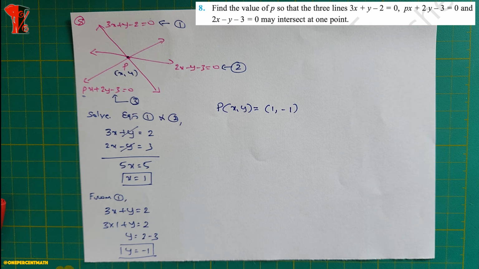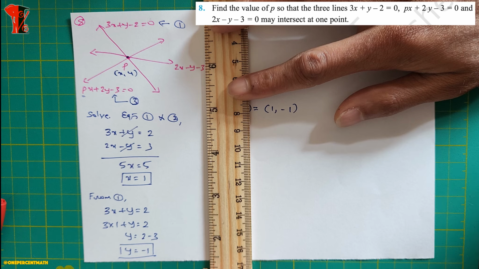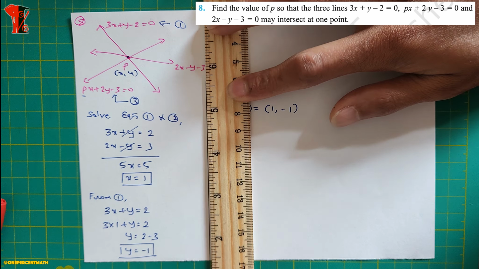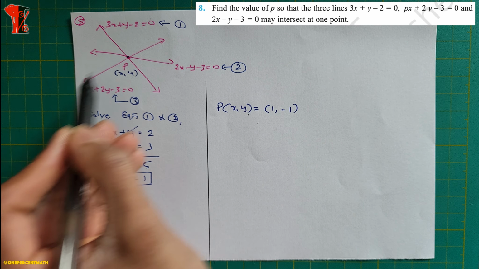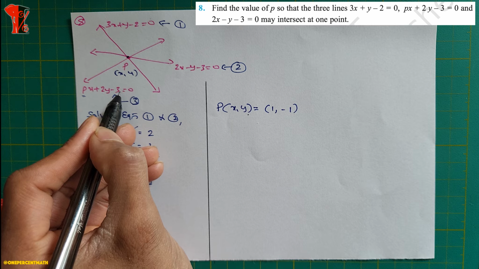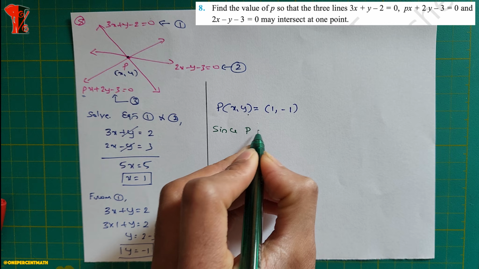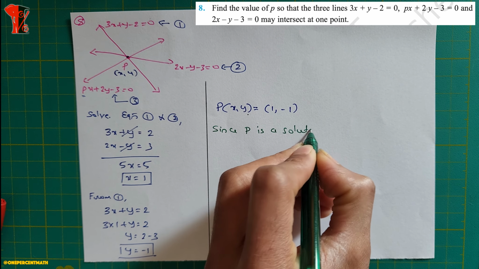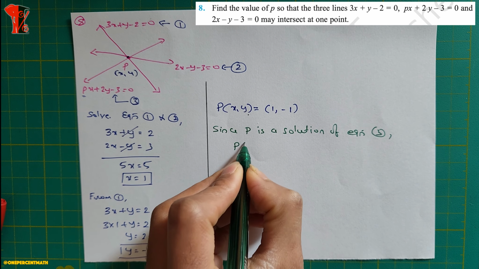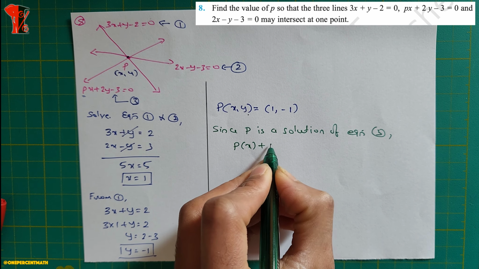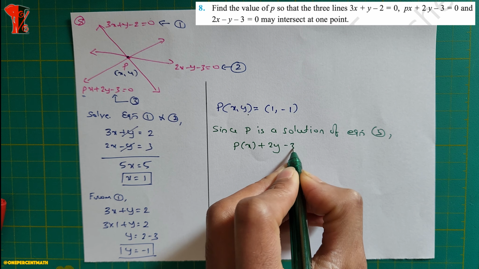Okay. So now already we know that there is only one point of intersection for all the three lines, correct? Now it is a must that P, x comma y, should satisfy the third equation, that is px plus 2y minus 3. Since P is a solution of equation 3, what's equation 3? px plus 2y minus 3 is equal to 0.